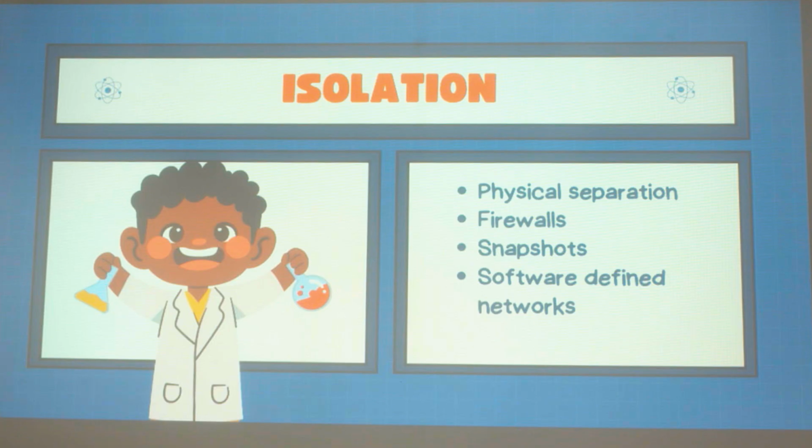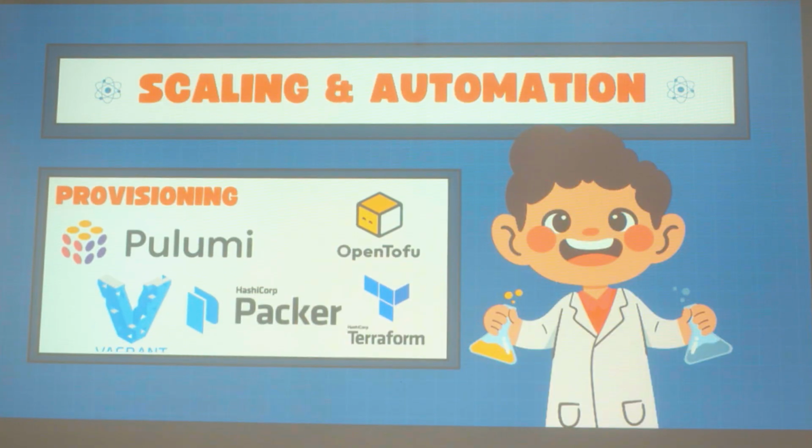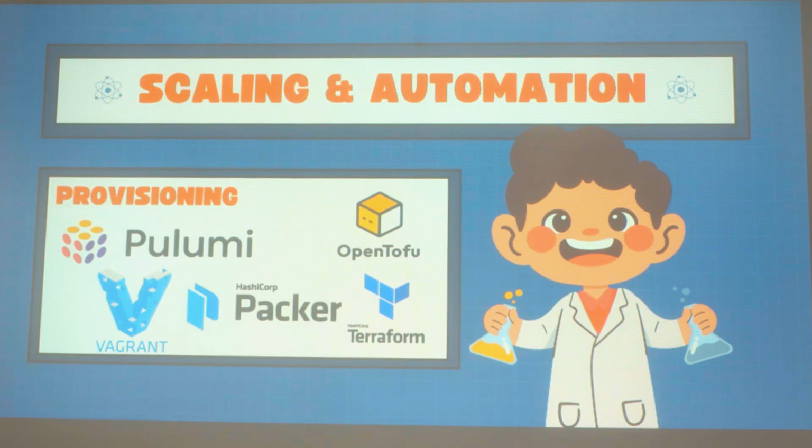Scaling and automation. So we made it all the way through the beginner stuff. Now we're going to get a little more advanced by automating pieces of our home lab or maybe scaling them out. The first thing you're going to want to look at is provisioning. Provisioning is creating a resource, like a VM, and there are a bunch of different tools to do this.